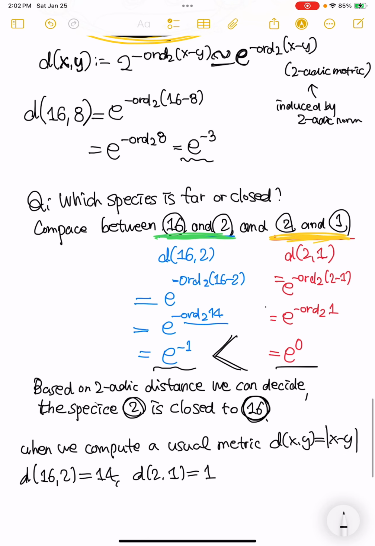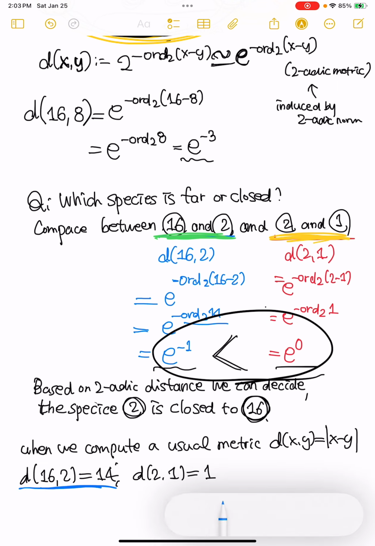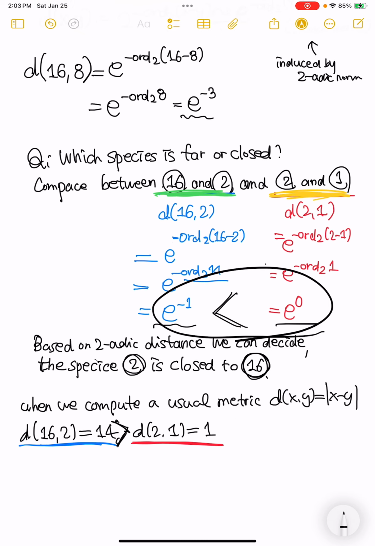So this model will describe the evolutionary model, but when you define a usual metric, the distance between 16 and 2 is greater than between 2 and 1.